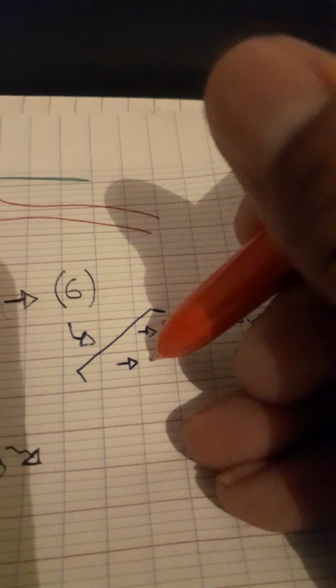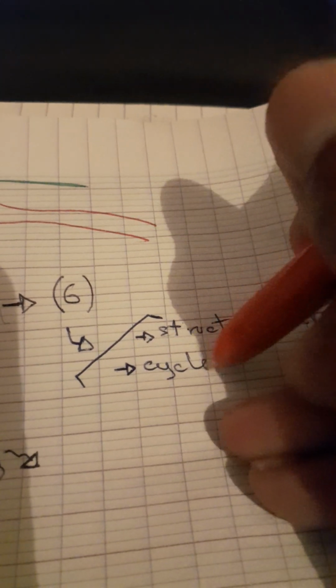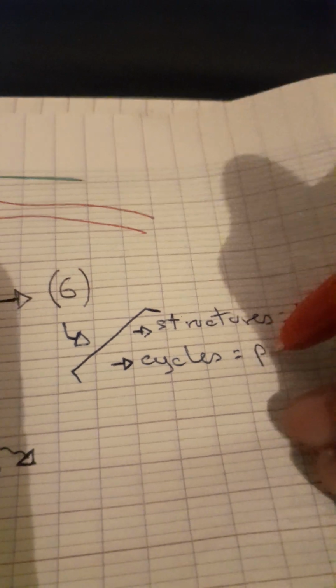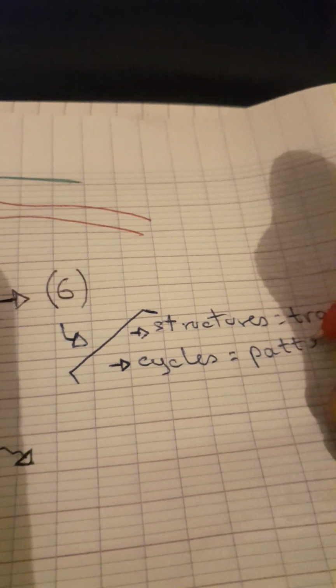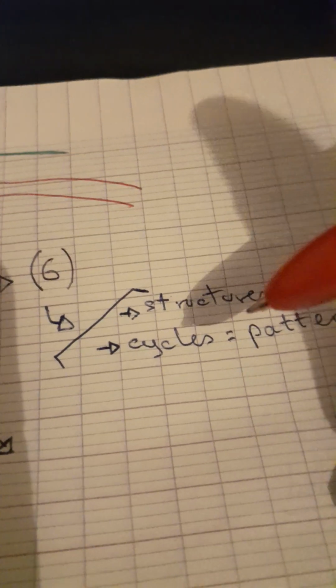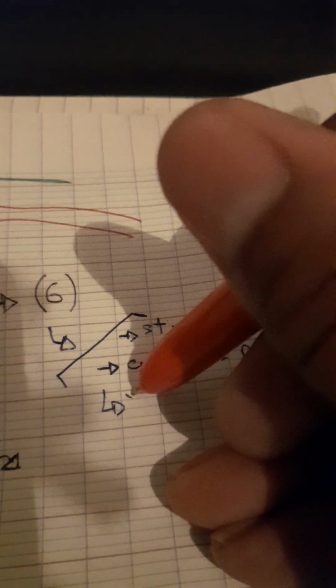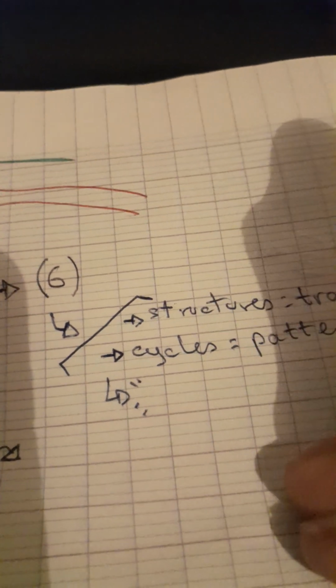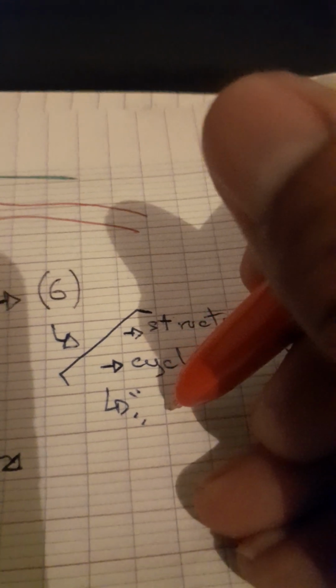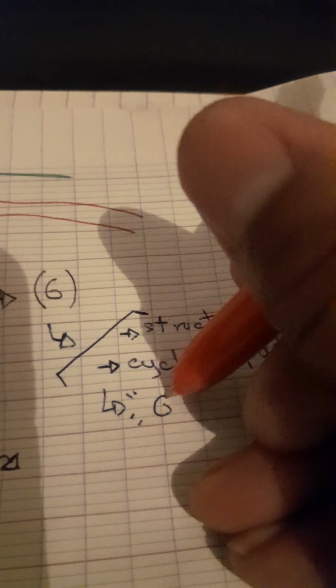So we will have a look at structures and the transformation, and we will have a look at cycles and their patterns. So by this I mean, I will write it because it's a little bit more subtle. So cycles and the patterns. For example, we will have a look at the basic cycles that we could see inside of the forest.